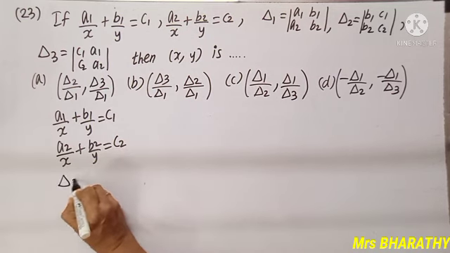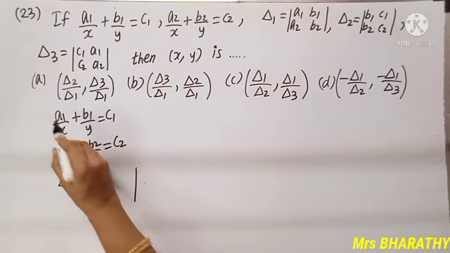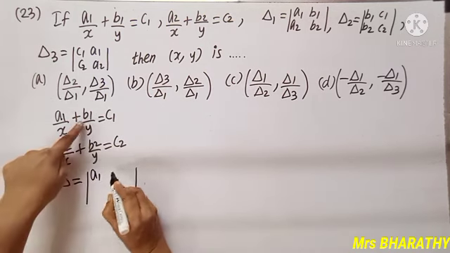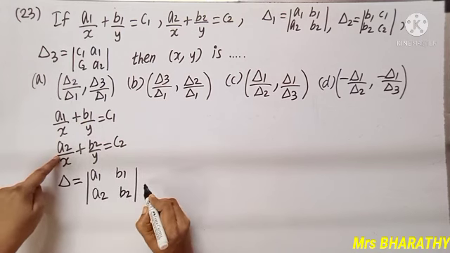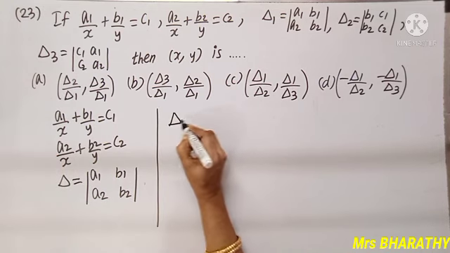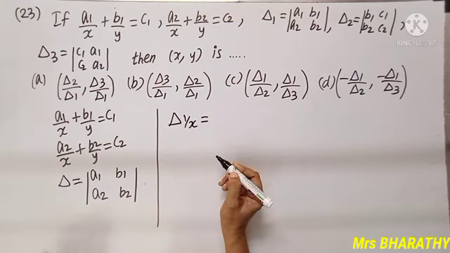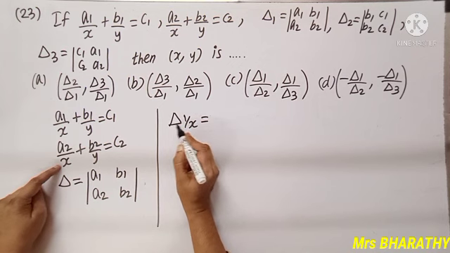Del. What do I mean by del? I write the coefficients: a1, b1, second row a2, b2. Let me find what is del 1 by x, because in both cases I have x in the denominator. So I can write del 1 by x.